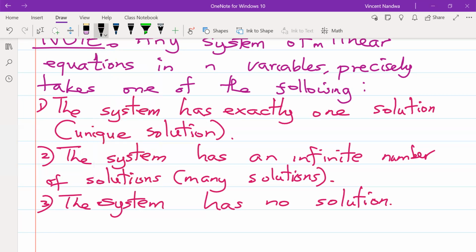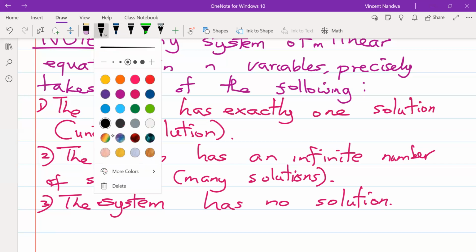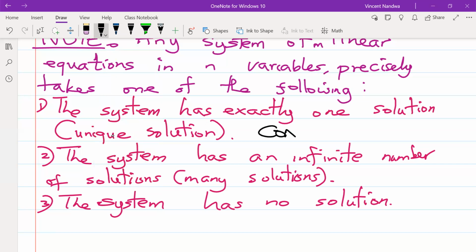So if a system lies in case one, has exactly one solution, is that consistent or an inconsistent system? Consistent, because there's a solution. So if it's case one, then it can as well be described as consistent.